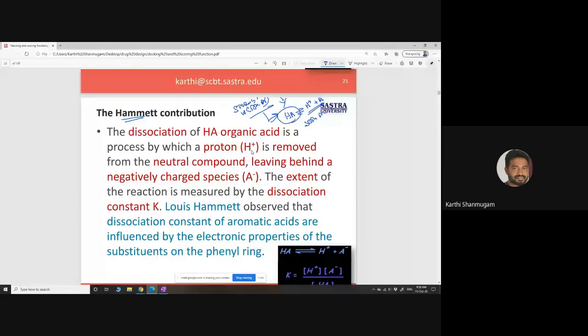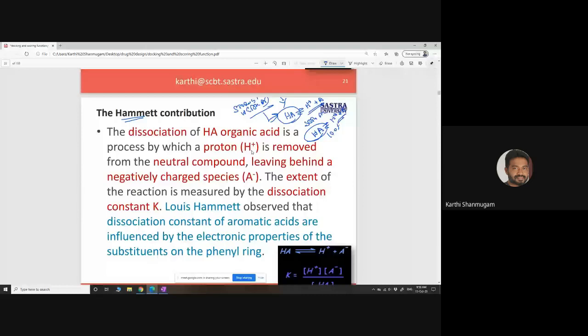On the other hand, if only a partial amount of HA dissociates into H+ and A- ions, not complete 100%, then HA is not a strong acid. It's an example of a weak acid. So depending upon whether the dissociation is complete or partial, we can classify organic acids into strong or weak organic acids.